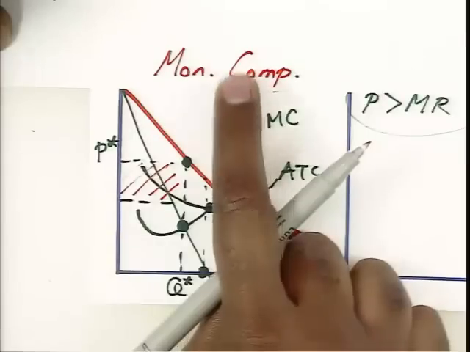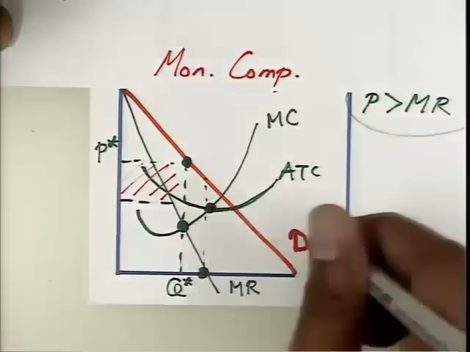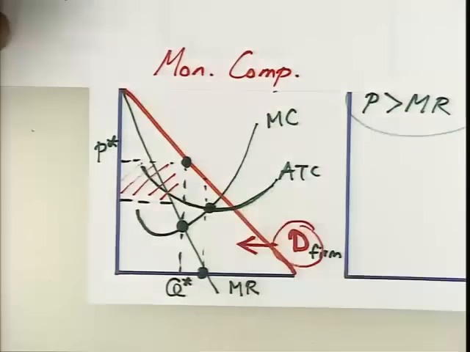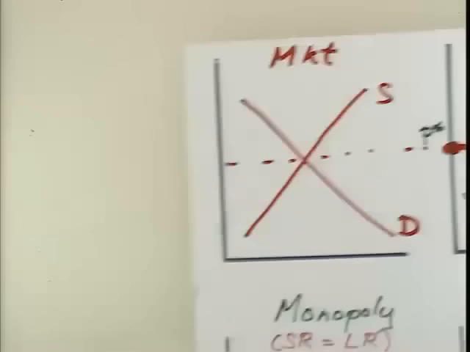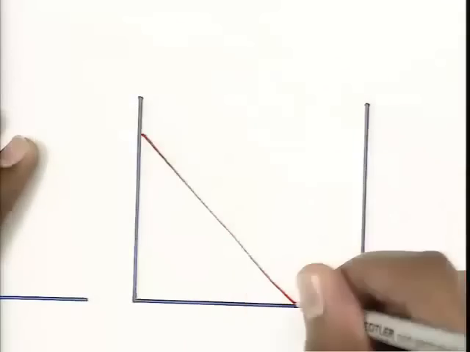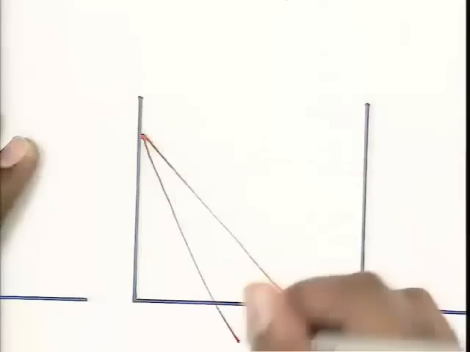Rather, when new firms come to the market, they steal demand from the existing firms, and the existing firms lose demand. Their demand shifts to the left. The demand curve shifts to the left until all your economic profits have disappeared.